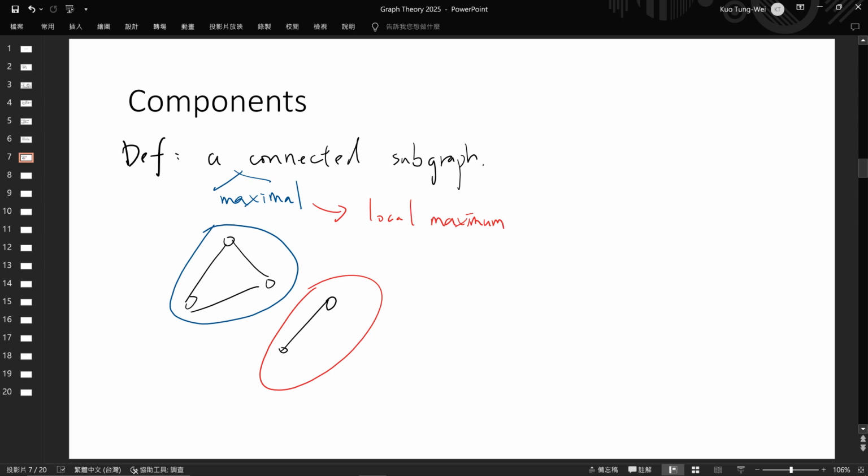And what is a local maximum? This means you cannot add any more vertex to it and still make the component connected.